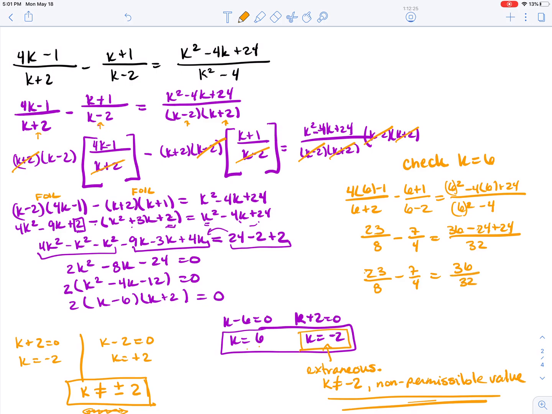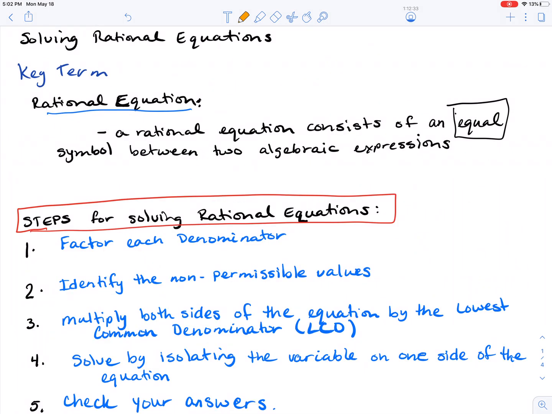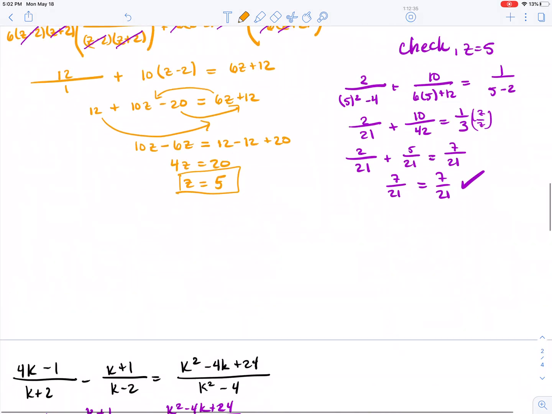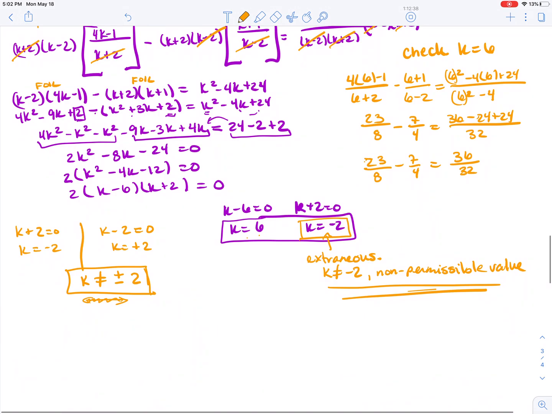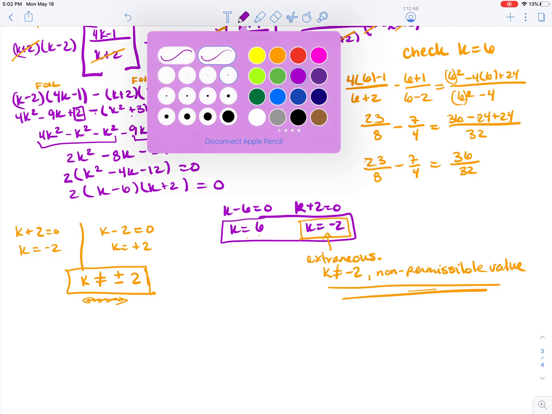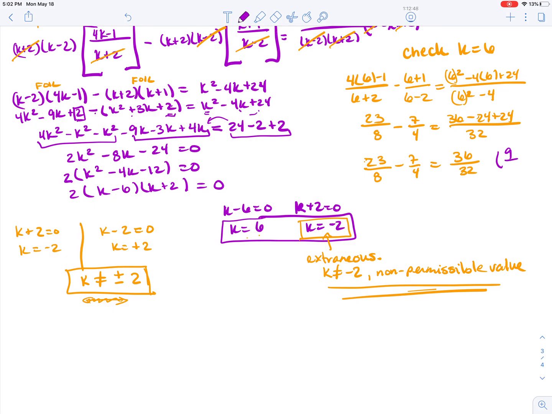Okay, so I have to have some like items. I know that 36 over 32 can be reduced if I divide the numerator and denominator by 4. So that actually is the same as 9 over 8.